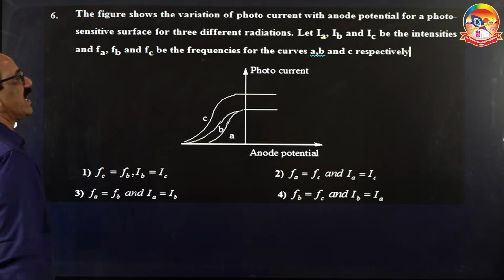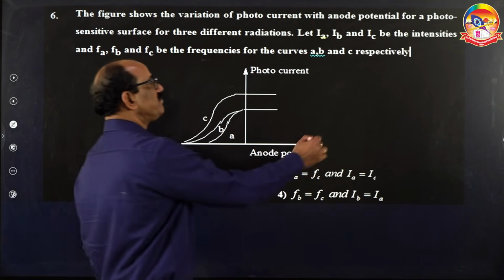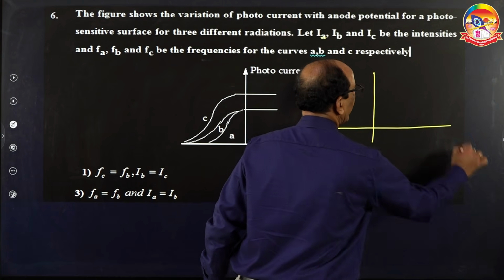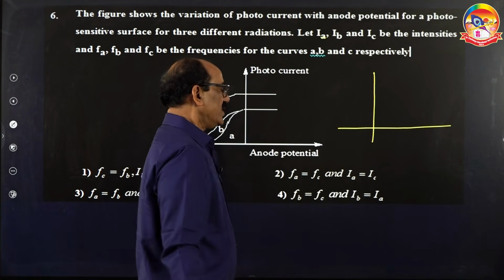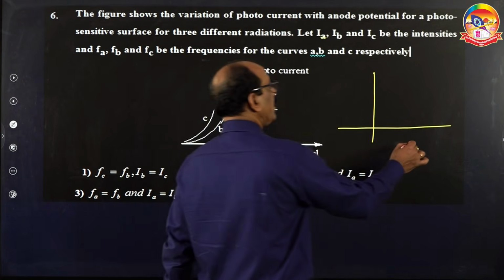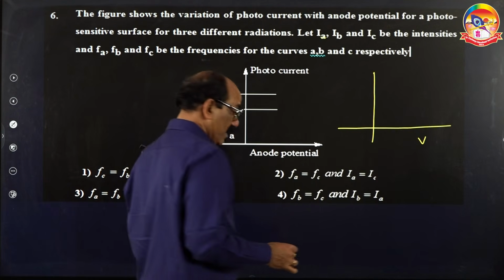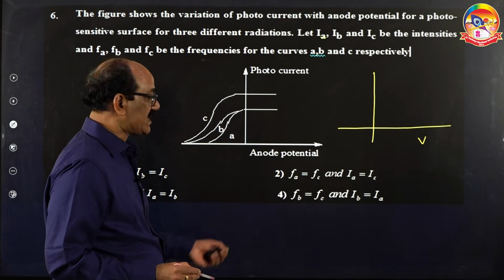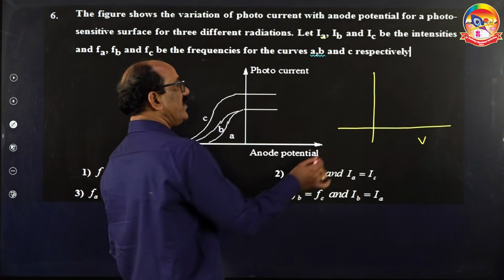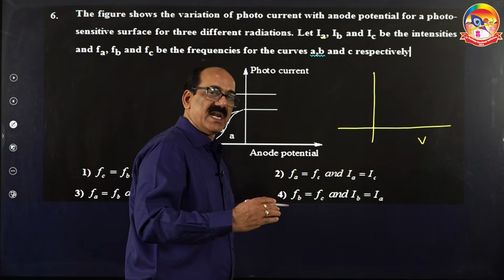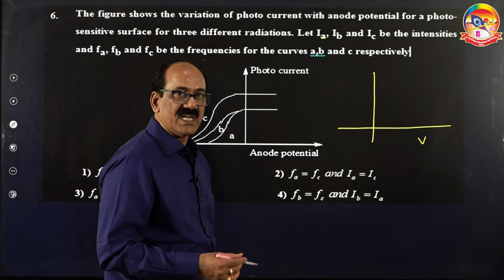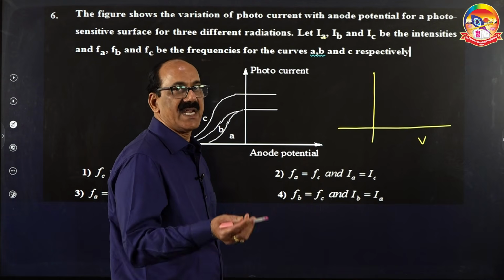You know, when the frequency of the radiation is more than threshold frequency, even if the potential of the collector or anode is 0, the photoelectrons will be emitted with different kinetic energies.